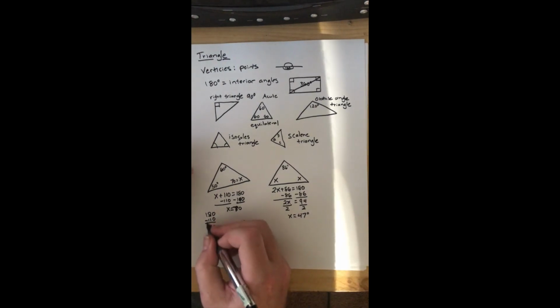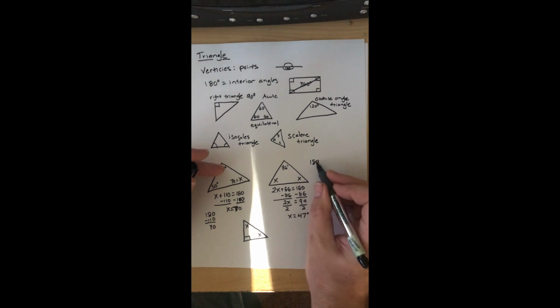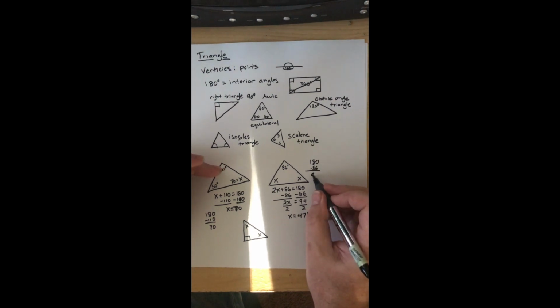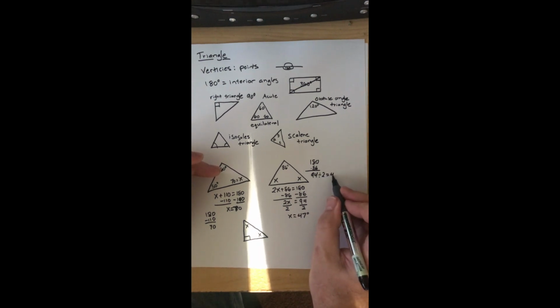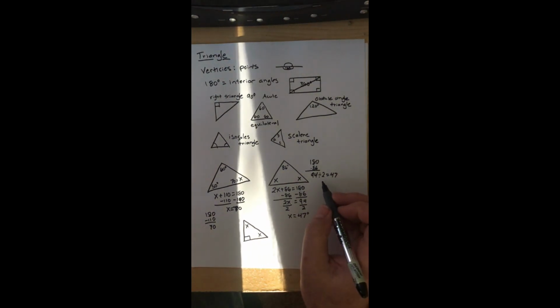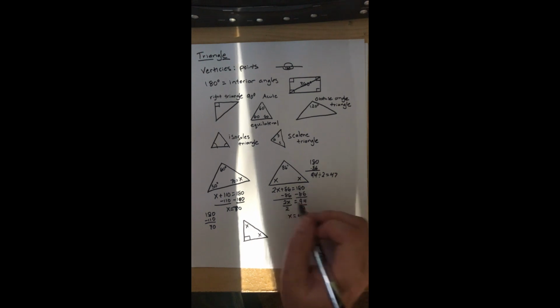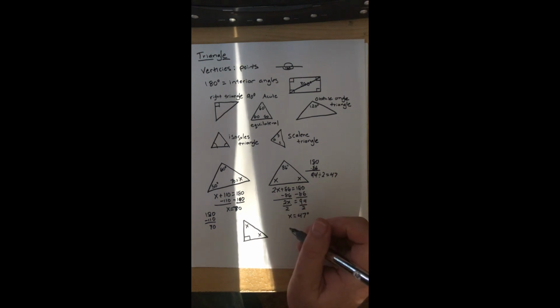You can just do the math like on this one, or if you subtracted 86 from 180 and then got the 94, and then did 94 divided by 2 is 47. If you did that, it's the same steps. This is a little more work. It will prepare you for the equations that you're going to be doing constantly for the rest of your life as a kid in high school.